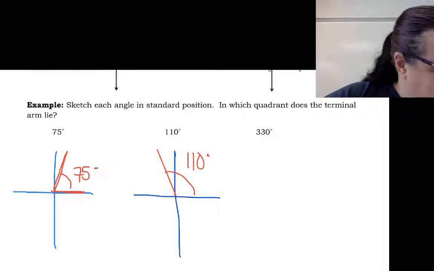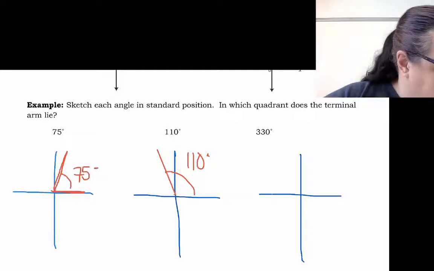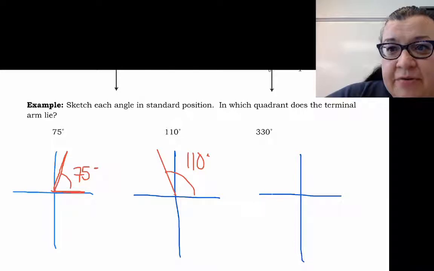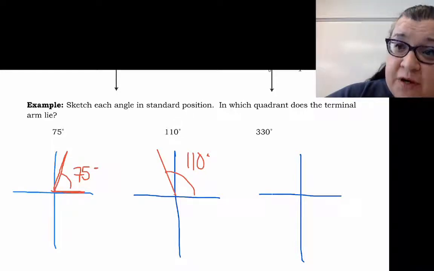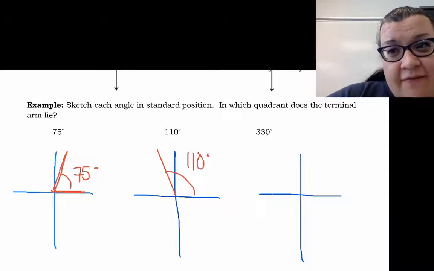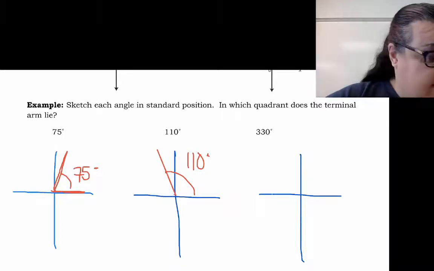And then for our third one, 330 degrees. So there's my coordinate grid. Again, don't really need to worry about drawing the initial arm, just worry about drawing the terminal arm. So 330, slightly off of 360. So I'm going almost all the way around, but not totally.